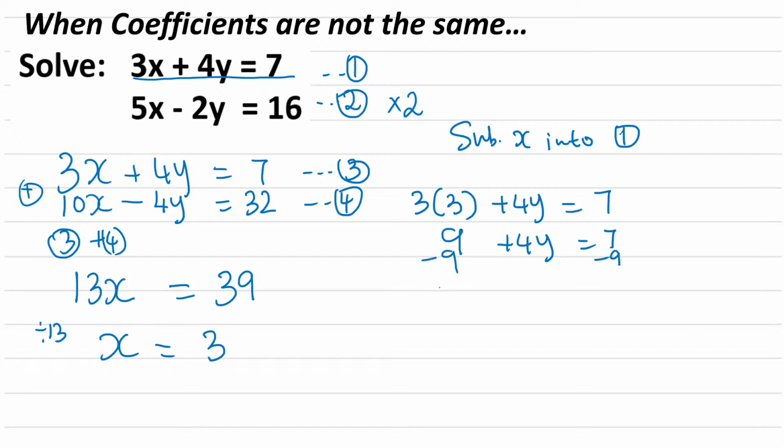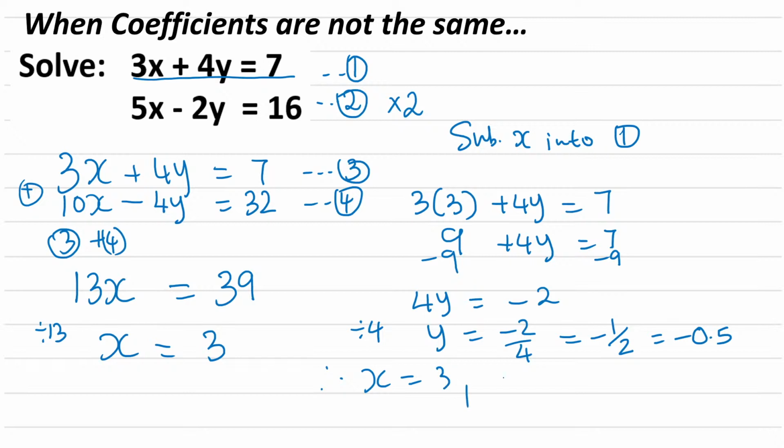So 9 take away 9 is 0. Now we have 4y equals 7 take away 9 is negative 2. If you divide by 4 on both sides, you get y is equal to negative 2 over 4, which is negative half, or negative 0.5. So therefore, x is equal to 3 and y is equal to negative 0.5. Okay, guys?